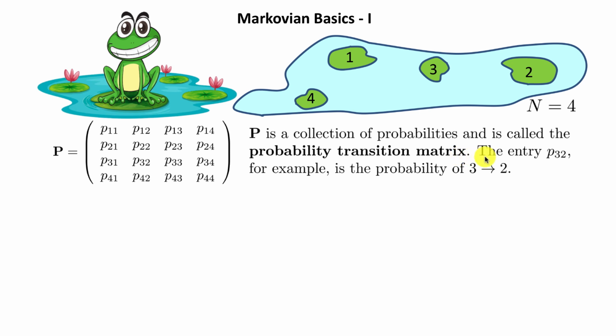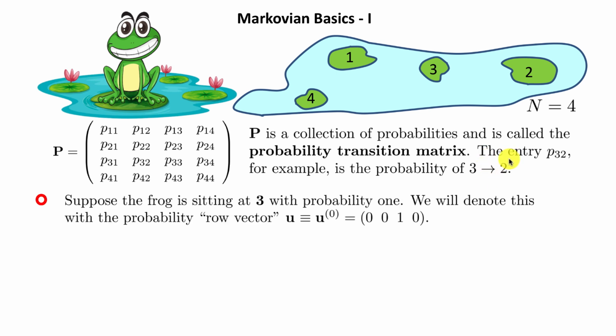So, as we've seen earlier, the entry P32, for example, is the probability of the frog jumping from lily pad number 3 to lily pad number 2. Now suppose that the frog is sitting at lily pad number 3, and that means that it is certainly there. It has probability 1.